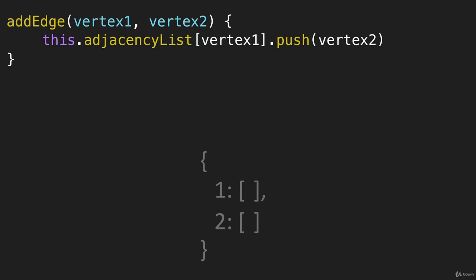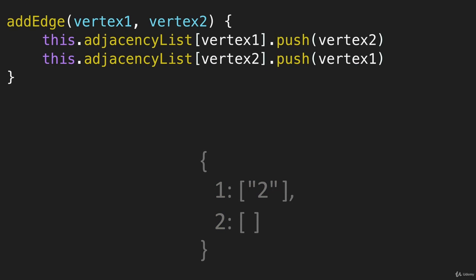Then what we'll do is say vertex of 1, the array that's attached to it, we're going to push onto that array the value of vertex 2, which in this case is actually 2. And then we'll do it the other way, where we say on the vertex 2, we're going to push on the value of vertex 1, which in this case is the value of 1. And that adds the edge.